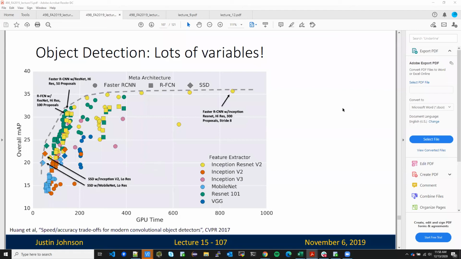Remember, we talked about the backbone, right? So the backbone could be any of the architectures we have studied. It could be a VGG, it could be a ResNet, it could be something lightweight like MobileNet.